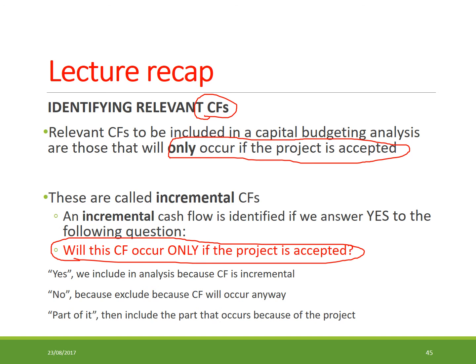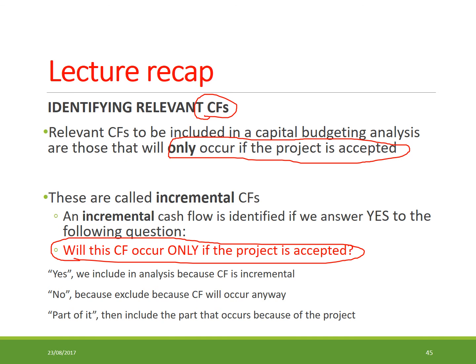An example of a cash flow that would occur regardless of whether the project is accepted or not is consultant fees, right? So before we choose the project, we have to estimate which projects are available.